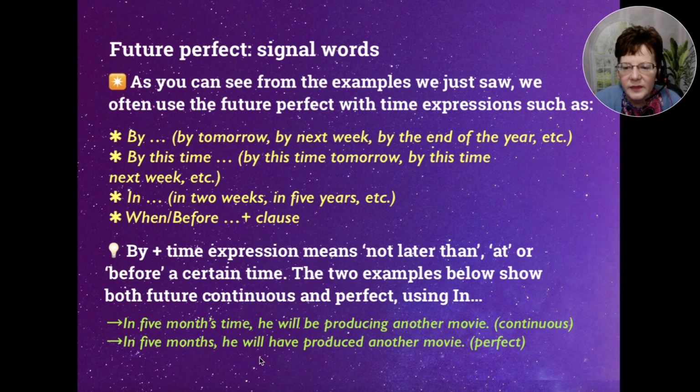And then where it says just in 5 months, that means he will have produced this movie. That means by the time it's 5 months. So, okay, well, we're going to move on to do a few sample exercises and have some fun, hopefully, and check our knowledge.